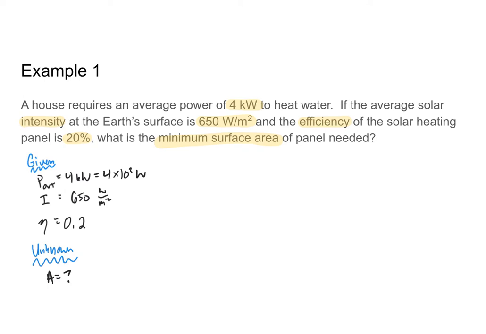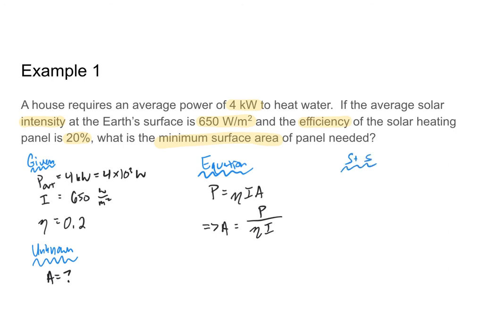And I know that the equation that relates all of these factors is the one we just discussed. P equals eta times intensity times area. So my area is going to be equal to my power needed divided by eta times my intensity. And now I'm ready to sub and solve.